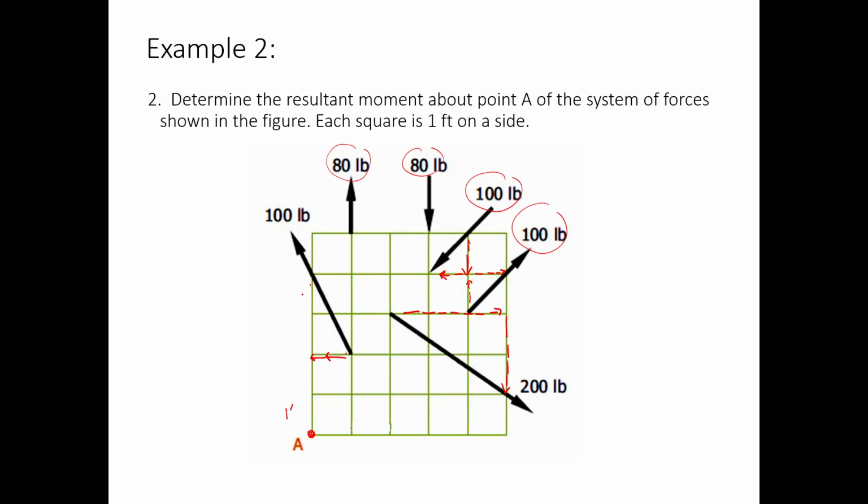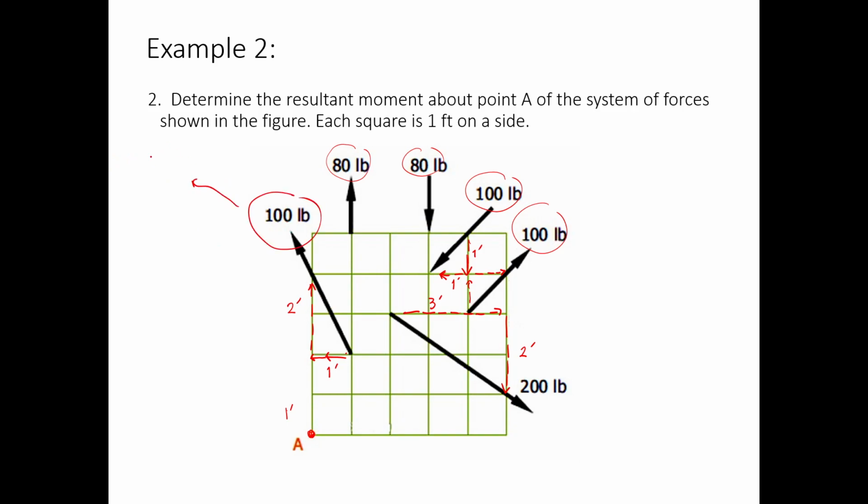Since this is a 1-foot grid on each side, you can say this one is 2 feet, this one is 1 foot, this one is 2 feet, 3 feet, and for the 1,000-pound force, it will become 1 foot by 1 foot, or 45 degrees. So let's try to resolve first the 100-pound force.